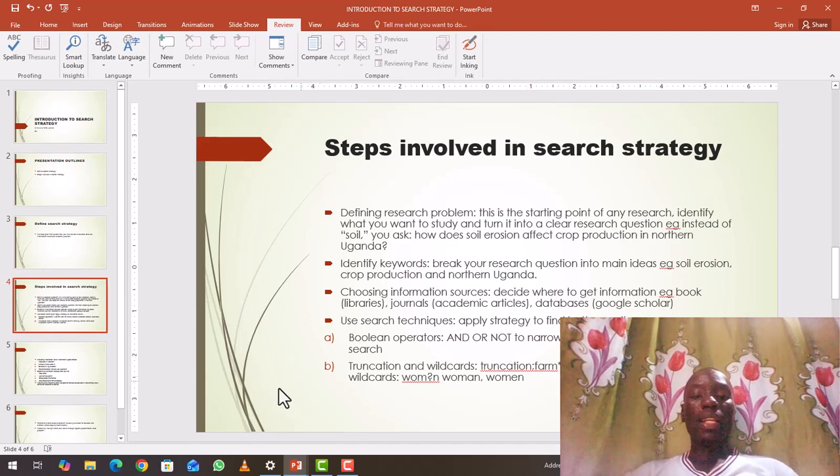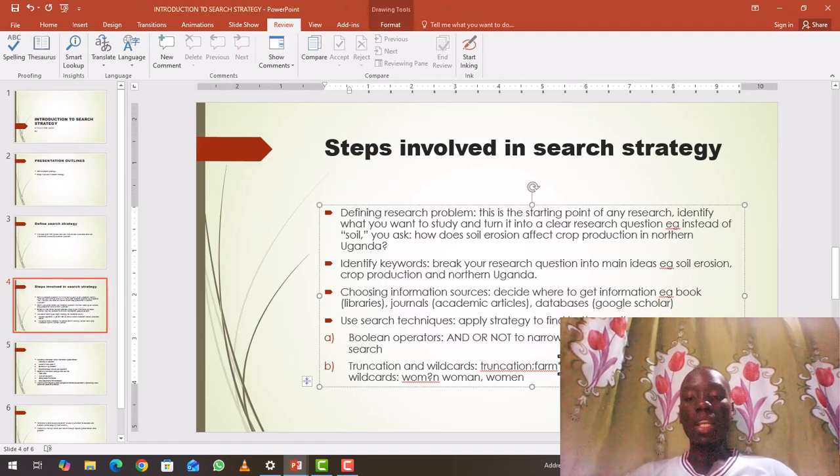And then the second part of the technique that you need to use is what we call truncation and wildcards. Truncation involves the use of an asterisk or question mark when you are doing your searches. For example, you can write farm and then an asterisk, and the possible findings you are going to get will be farmer, farming, and farms.